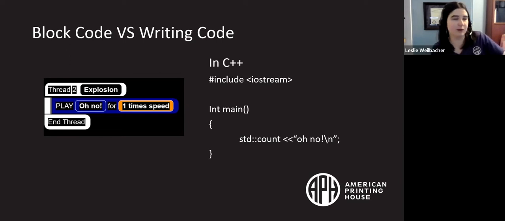On this left side of the screen, we have a screenshot of the Code Jumper app where it reads begin thread, or thread 1, explosion, play in another color below that, play, oh no, at 1 time speed, and then below that says end thread.